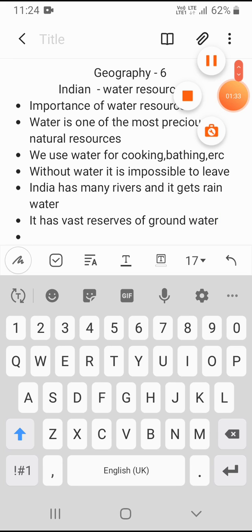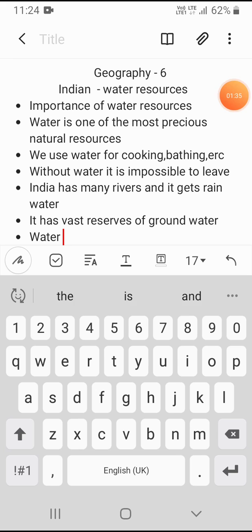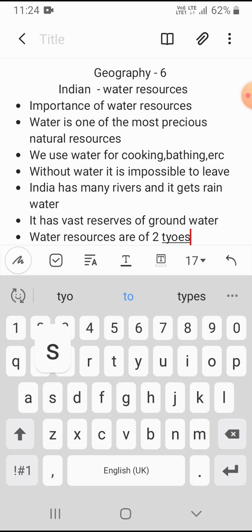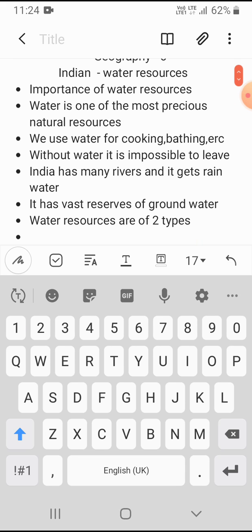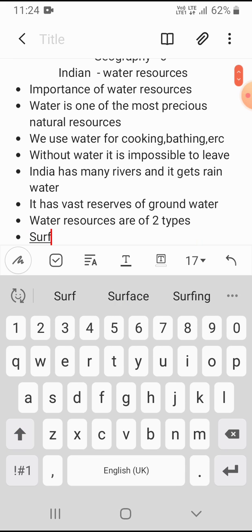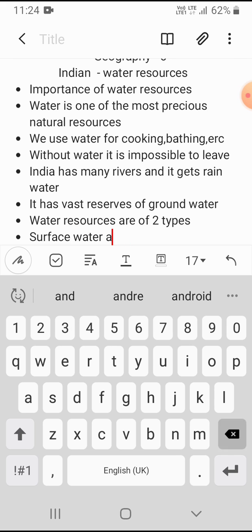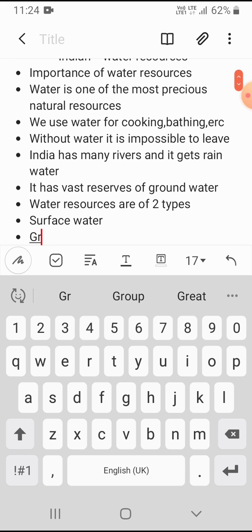Water resources are of two types. First one is surface water, and next is groundwater.